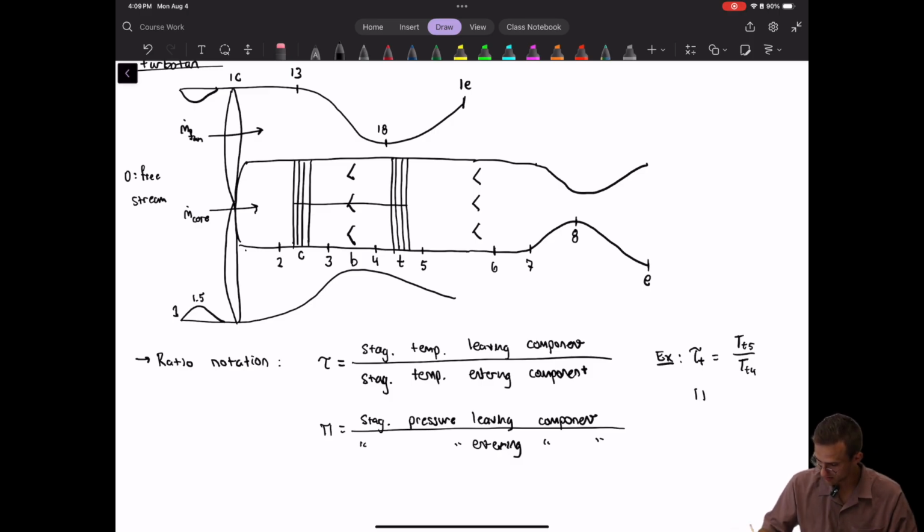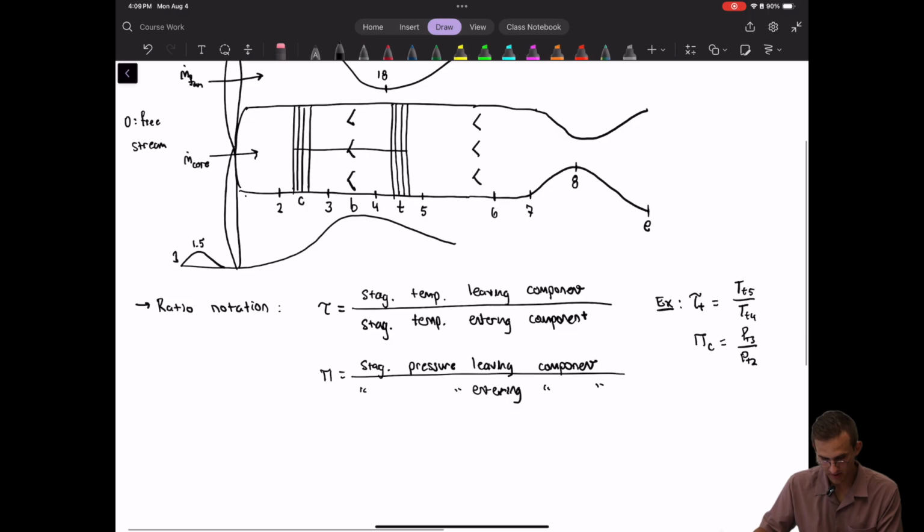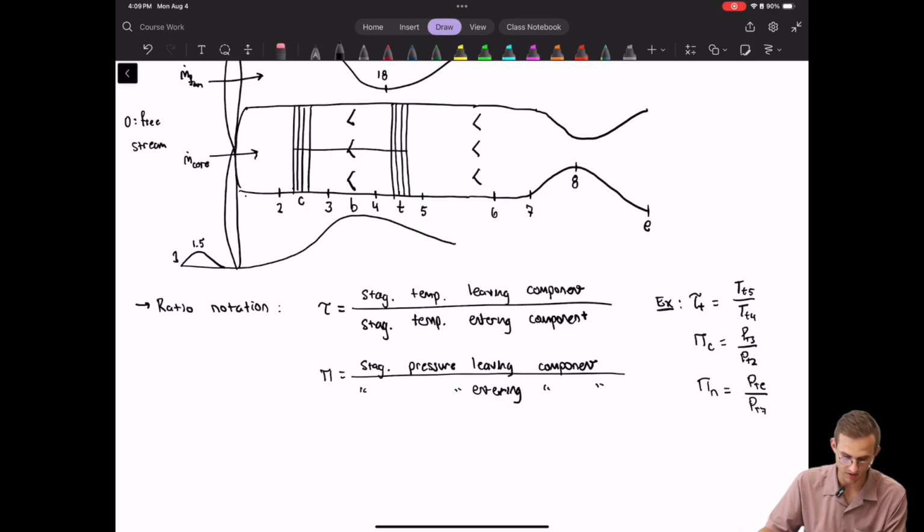Continuing along this line, the pressure ratio across the compressor is always PT3 over PT2. And you can also do a composite ratio, where you might say the stagnation pressure difference across a nozzle, for example, PTE versus PT7, divided by PT7.